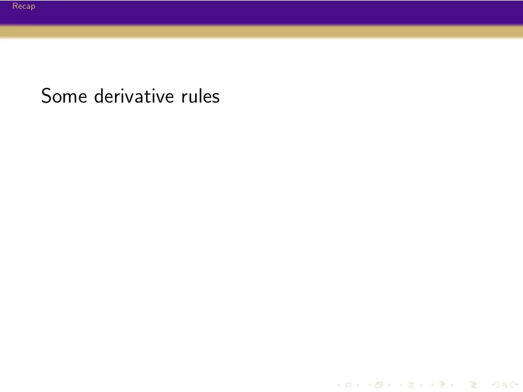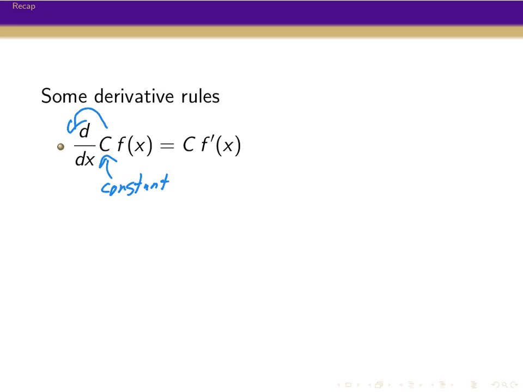Okay, so here are some basic derivative rules that we talked about right before spring break. So one, if you take a derivative of a constant times a function, well, what happens? You can just pull that constant out. And so you pull the constant out, then you're just taking the derivative of the function.